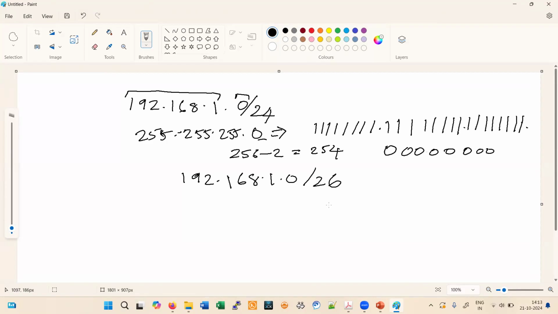This is the default subnet mask. If you convert it into decimal, it will be 255, 255, 255, dot 0.